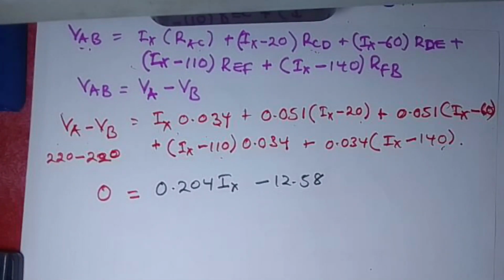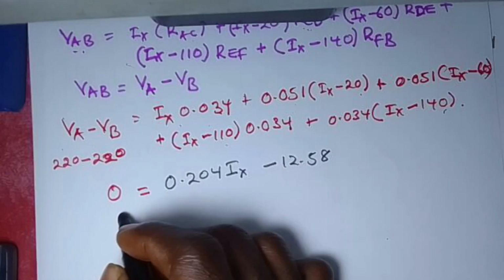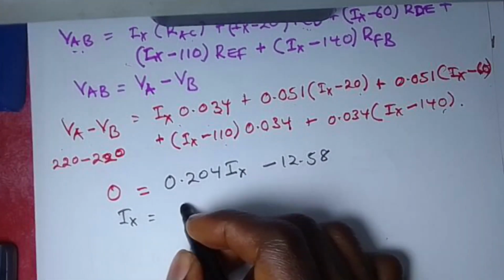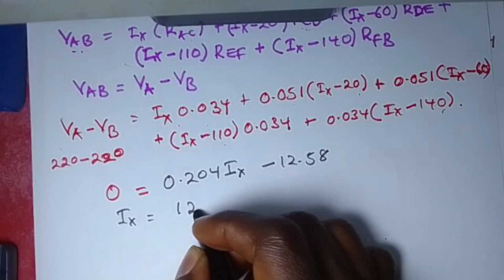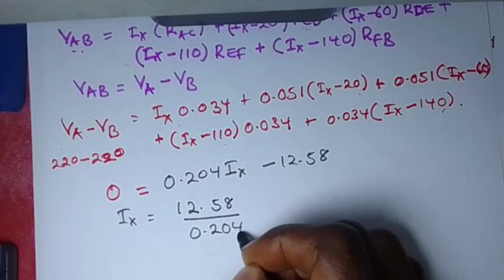So from that we can calculate the remaining value of Ix just by making Ix the subject. Therefore Ix is going to be equal to, this negative will go to the other side and become a positive, so it will be 12.58 divided by 0.204.